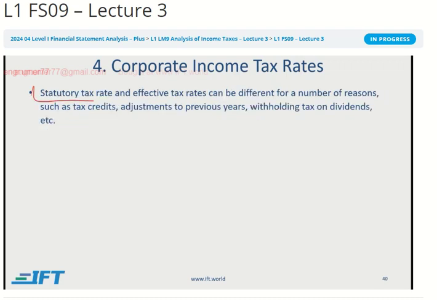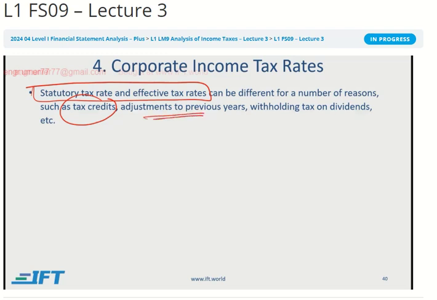As far as the difference between the statutory rate and the effective rate is concerned, that is because of permanent differences, right? And of course, tax credits also lead to permanent differences because they reduce your taxable income, but they will not reduce your accounting profit, right?